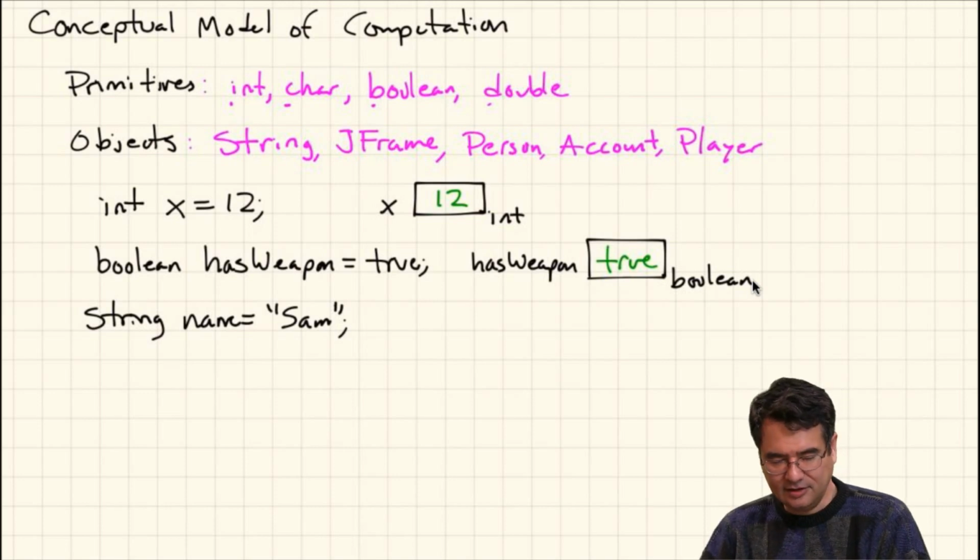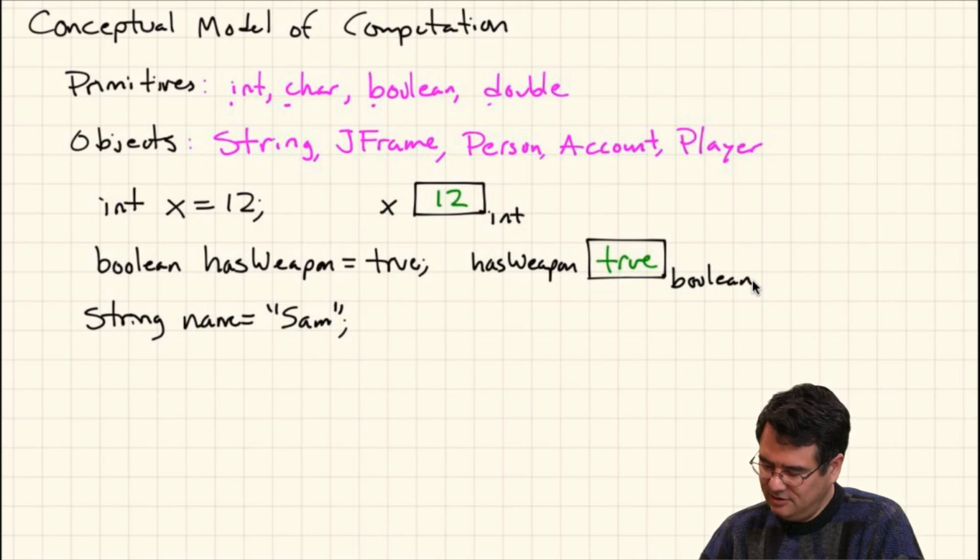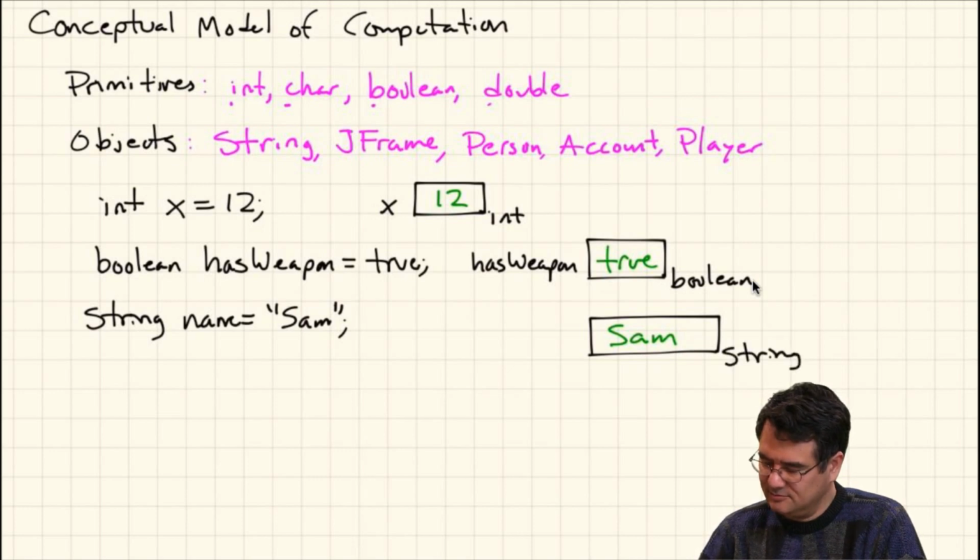Okay, you might think there must be a box somewhere that has the word Sam in it, but that's actually not really the case, at least from this conceptual model's point of view. What we do have is, certainly we do have a box somewhere that contains Sam, and the type of that thing is String, but there's actually a second box.